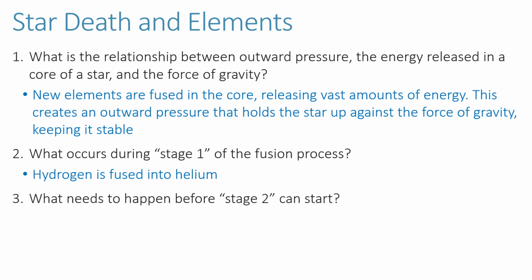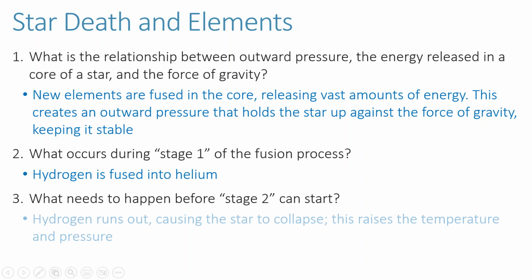Now, eventually, the star is going to run out of hydrogen. So this stops that fusion process, and the star then is going to be crushed or collapsed by gravity. With that fusion stopped, there's no longer that outward pressure pushing against gravity.